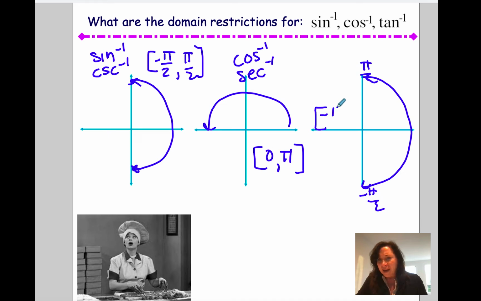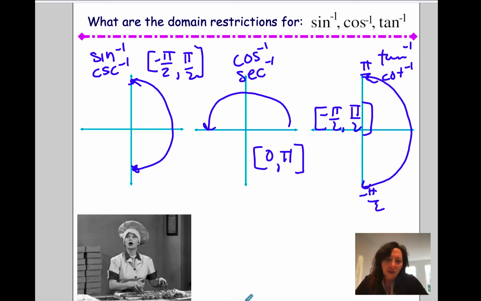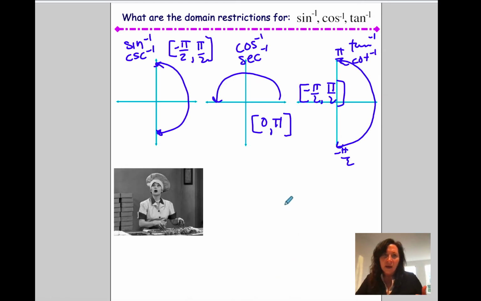You would write it negative pi over 2, comma, pi over 2. Also, not only is it arc tangent, but it's also arc cotangent. Same. Now, I want to talk a little bit about why those values are where they are.